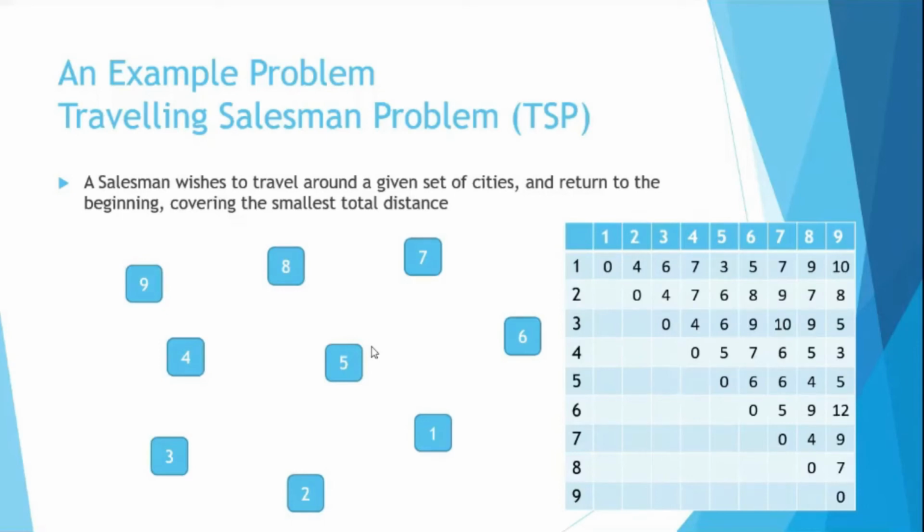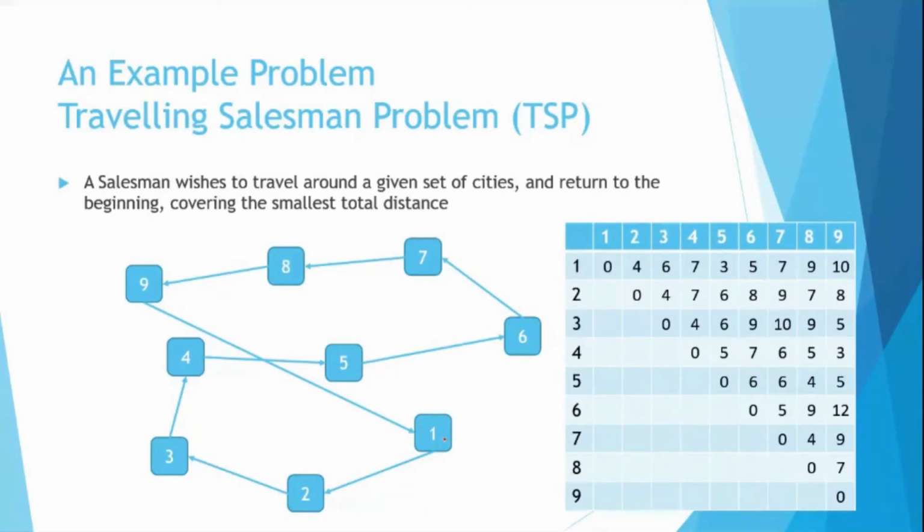That is the condition. So this is a possible solution, a feasible solution. He is starting from the first city, goes to 2, then 3, then 4, 5, 6, 7, 8, 9, and then he comes back to 1. So this is a possible route. The total cost for this route is 49.